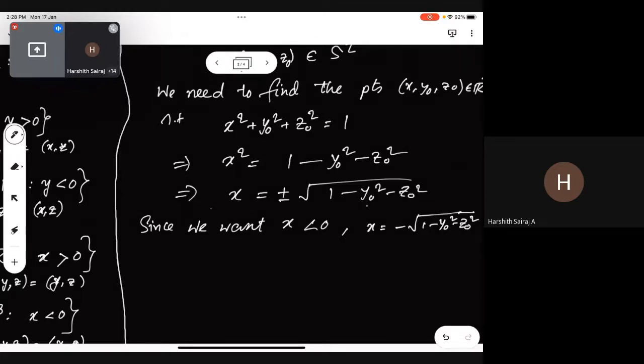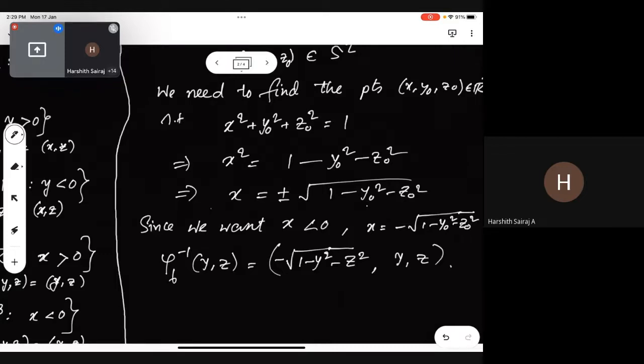So phi6 inverse of (y, z) is (minus the square root of 1 minus y square minus z square, y, z).